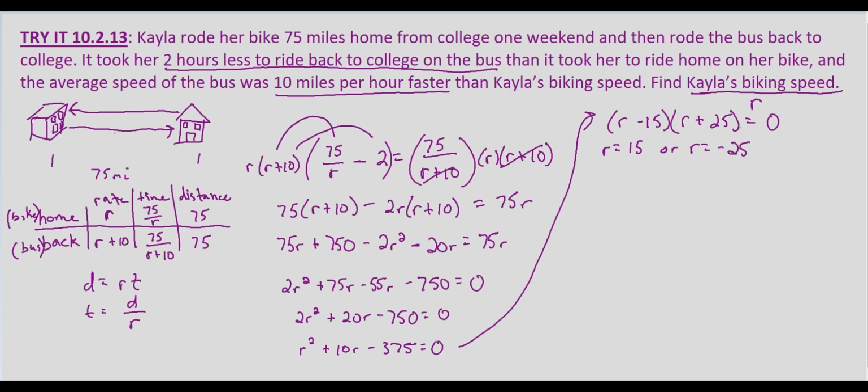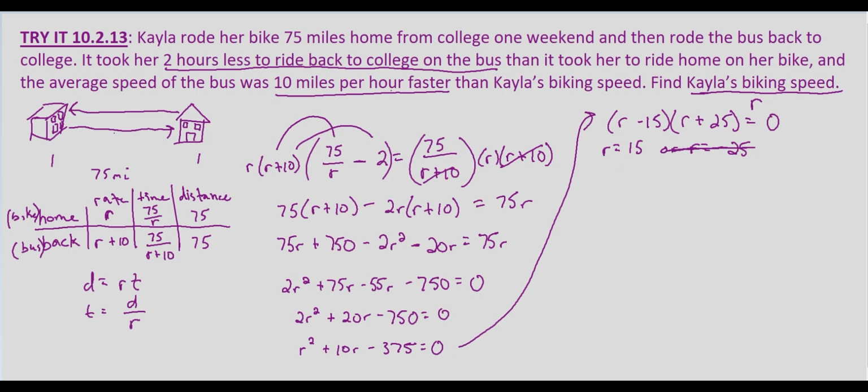So right now it'd be impossible to have a negative rate when we're looking at the r stands for the rate of her going home on her bike. So we'll get rid of the r equals negative 25, and that's going to give us r equals 15 miles per hour.